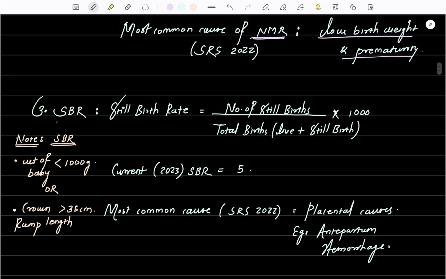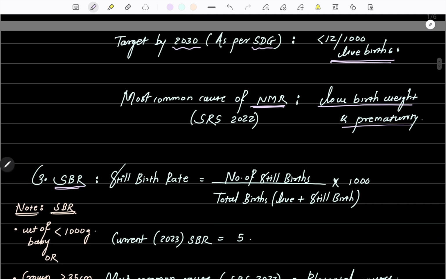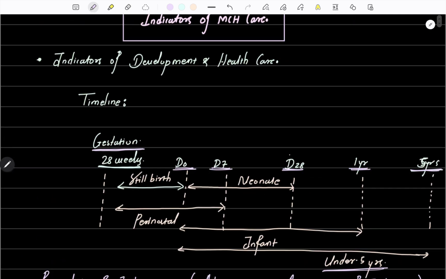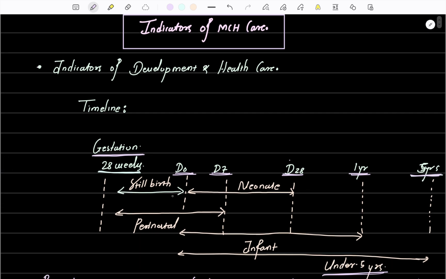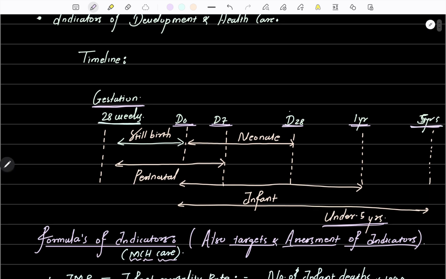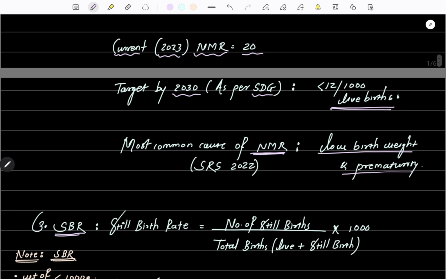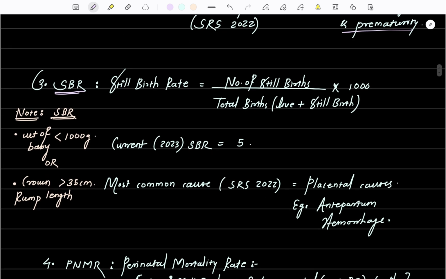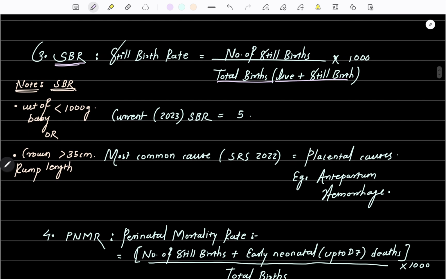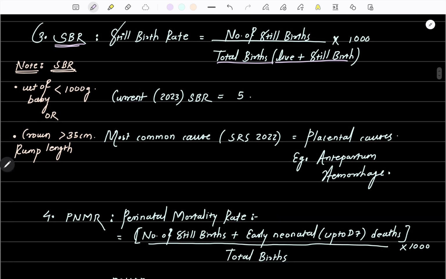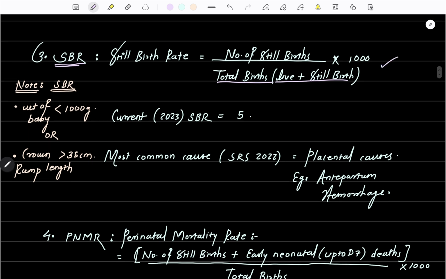Then third is the stillbirth rate. From 28 weeks of gestation to day 0, we call it stillbirth. Stillbirth rate is the number of stillbirths upon total births, that is live plus stillbirths, into 1000. This is the formula; you have to remember this.